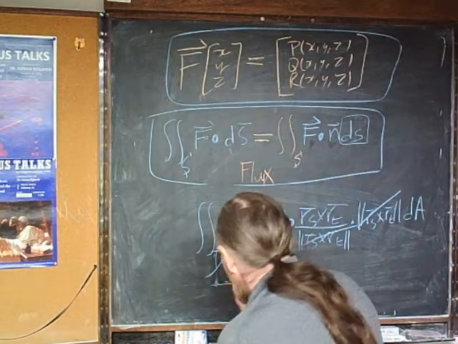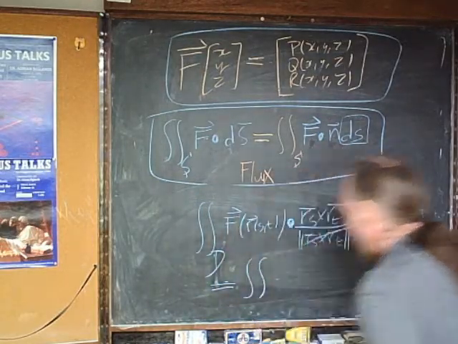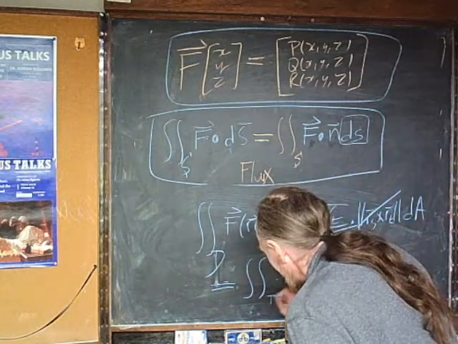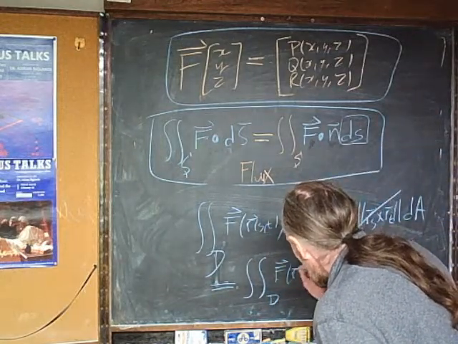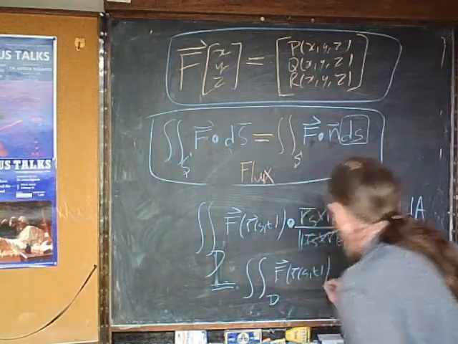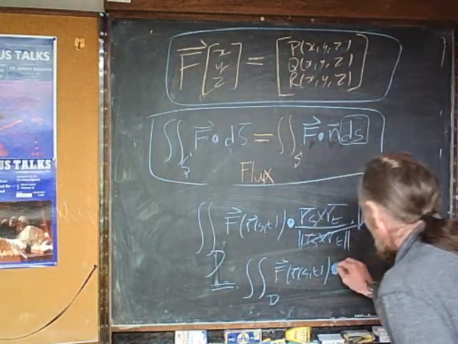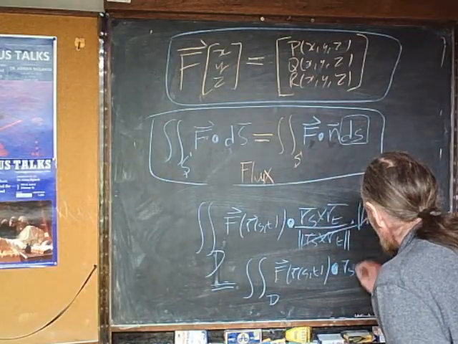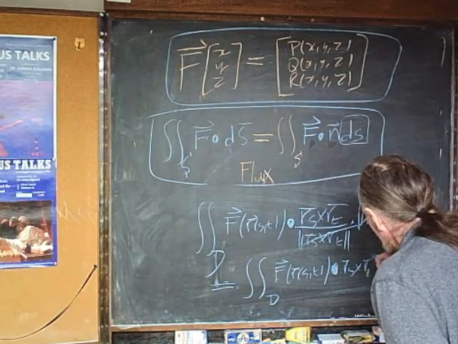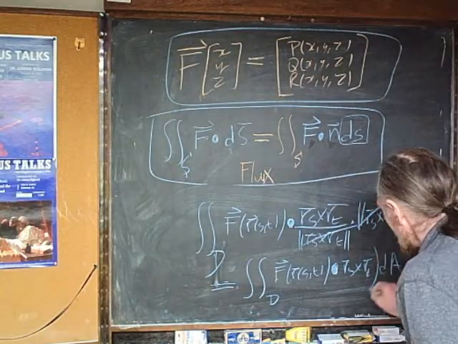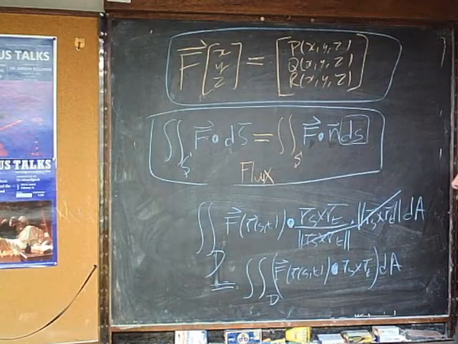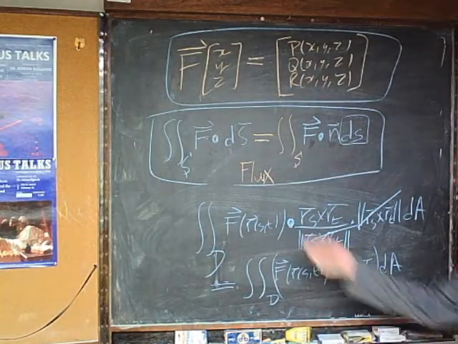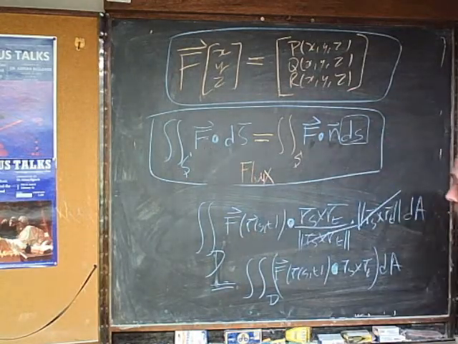And then we get that this is just equal to the double integral over the region D of F of r of (s,t), the pullback, dot product with r_s cross r_t dA. And this is the dot product, so it's just a scalar in s and t now. And that's how we compute surface integrals of vector fields.